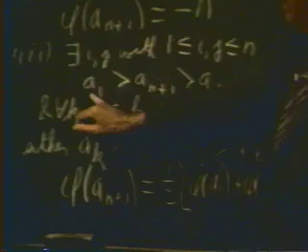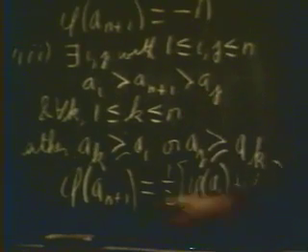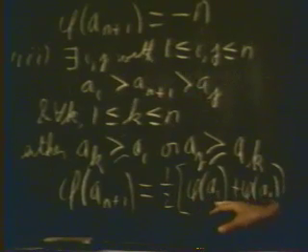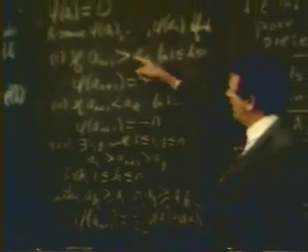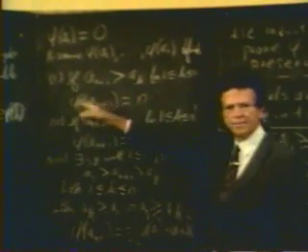In that case, it should be obvious we just look at the numerical assignment to a sub i, the numerical assignment to a sub j, and take the midpoint. That is, phi of a sub n plus 1 is just 1/2 of phi of a sub i plus phi of a sub j. And that takes care, as is easy to show, of the three possible cases we could encounter in the inductive definition of the numerical value of a sub n plus 1.